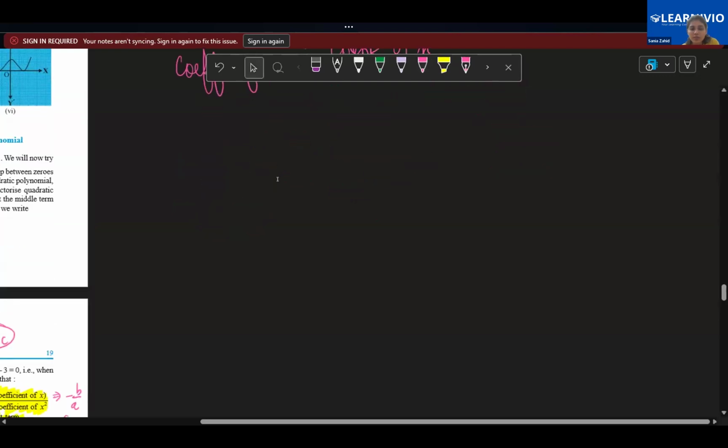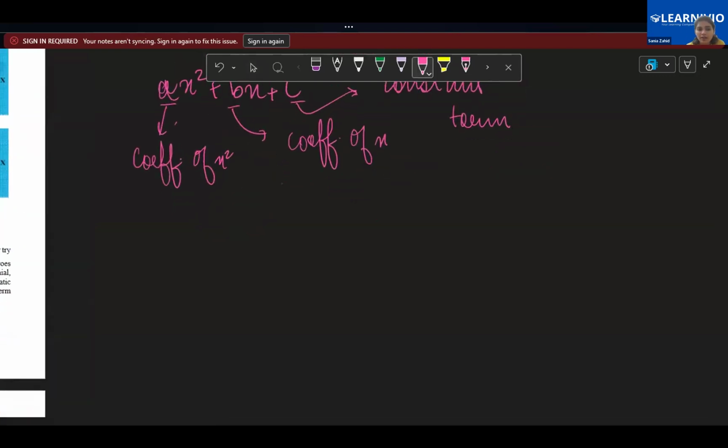Now, children, with respect to this only, if I have alpha and beta, two zeros of the polynomial, and if I add them, my formula becomes minus b by a. And if I multiply them, that becomes c by a.